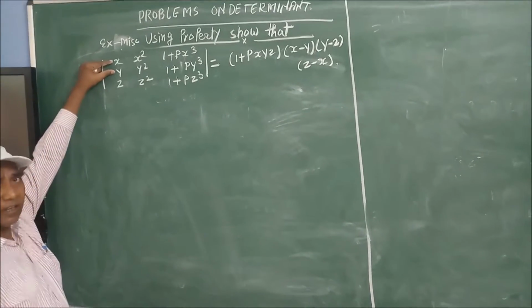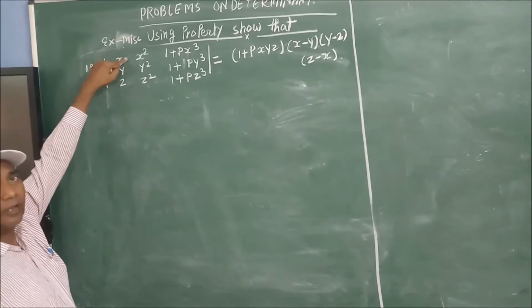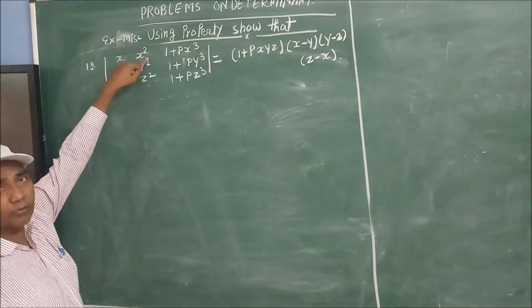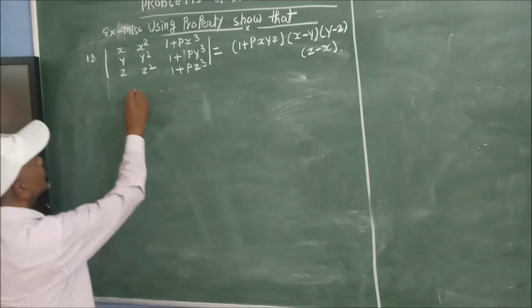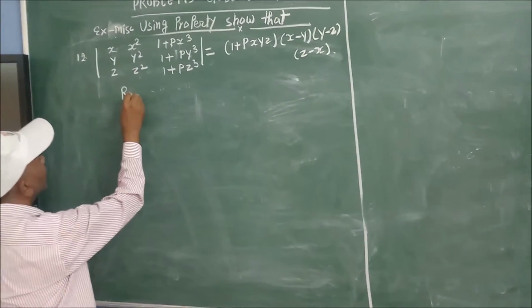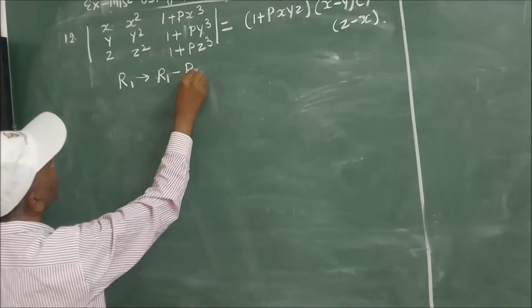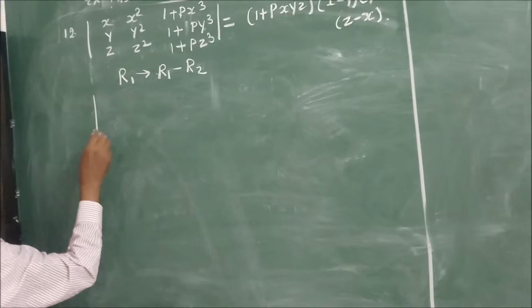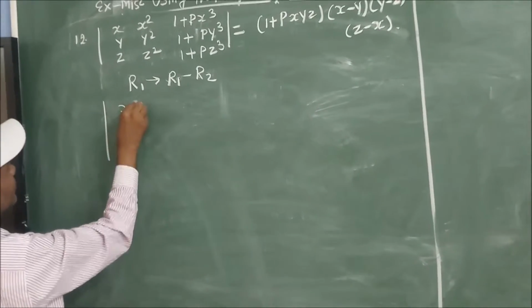If you subtract R2 from R1, you will get x minus y, here you will get x square minus y square, and here you will get x cube minus y cube. So we use the operation R1 tends to R1 minus R2. We have to change R1, so this will be your x minus y.